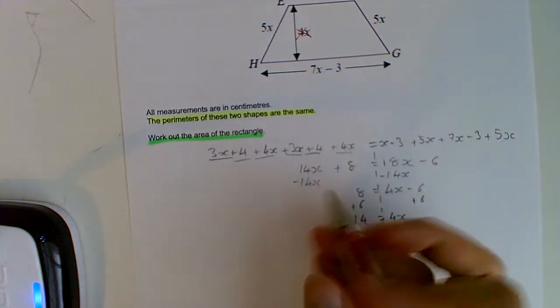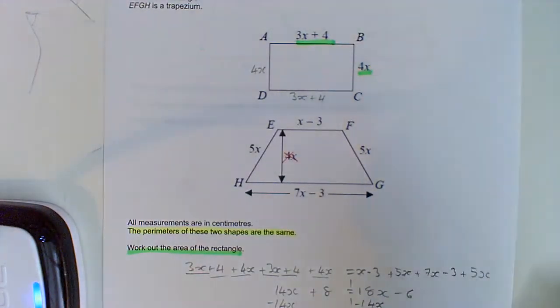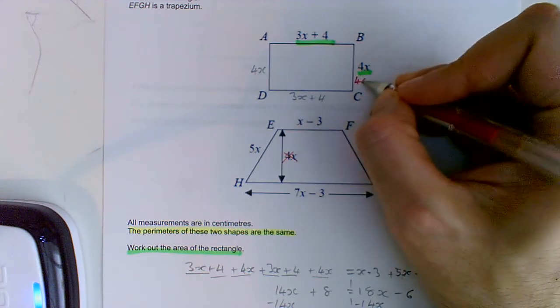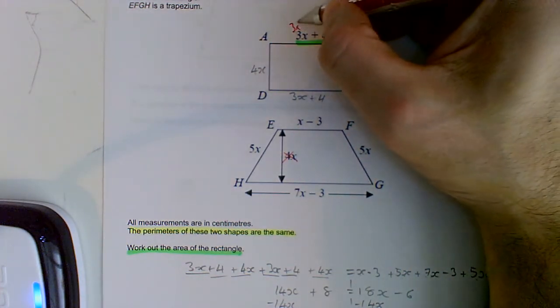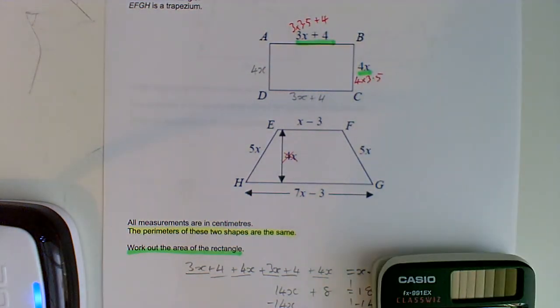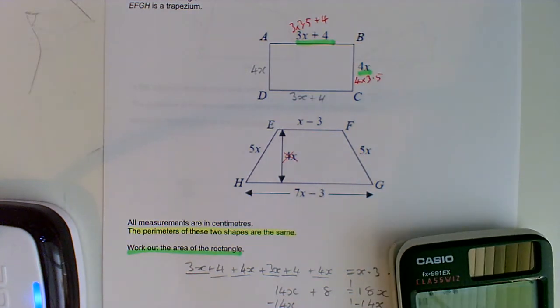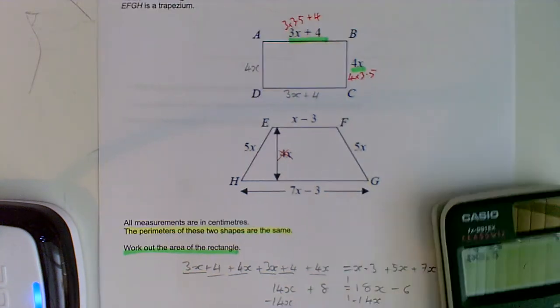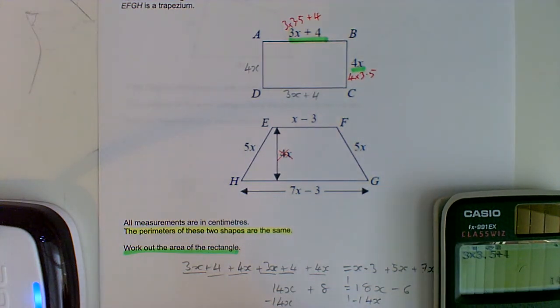So it means that my rectangle at the top, 4x is going to be 4 times 3.5, and this one will be 3 times 3.5 add 4. So it actually means the width of it was 14, and it means that the length was 14.5.